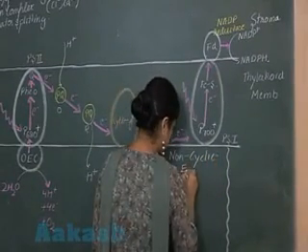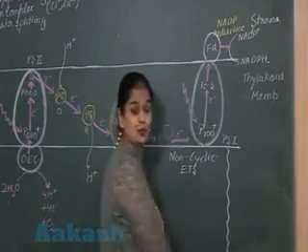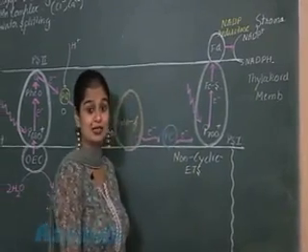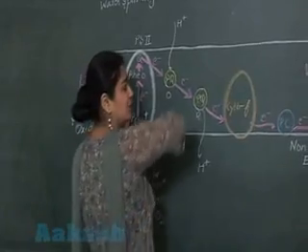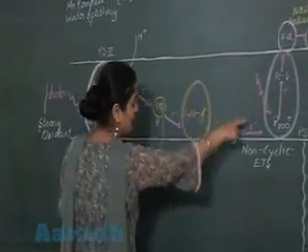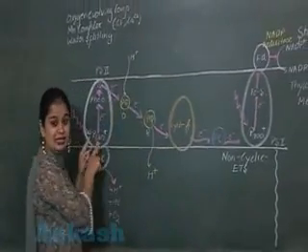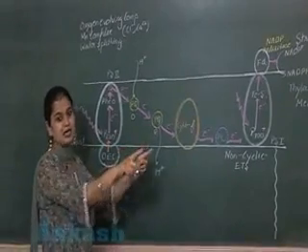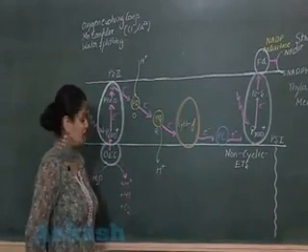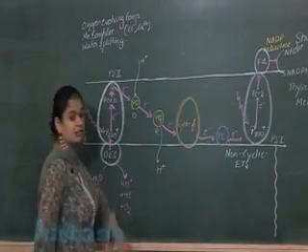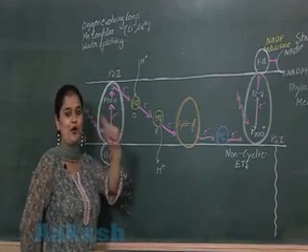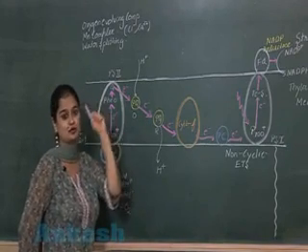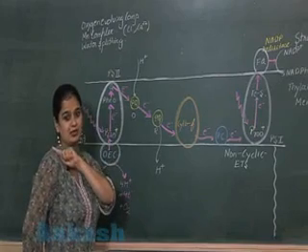This is non-cyclic ETS, electron transport. Why is it known as non-cyclic ETS? Electron which is released from P680, वो electron दोबारा P680 के पास नहीं आ रहा है. So this type of the electron flow, where the electron is not returned back to the P680, is known as non-cyclic electron transport system.